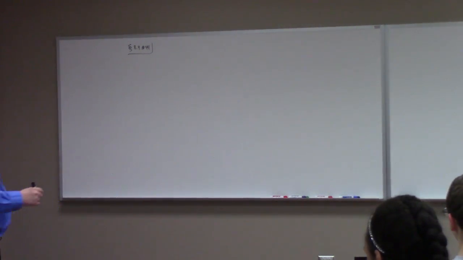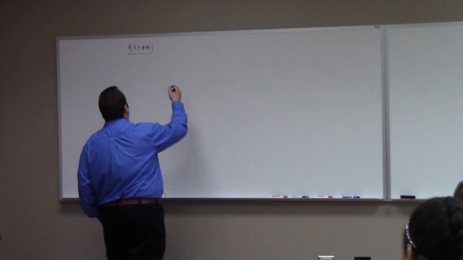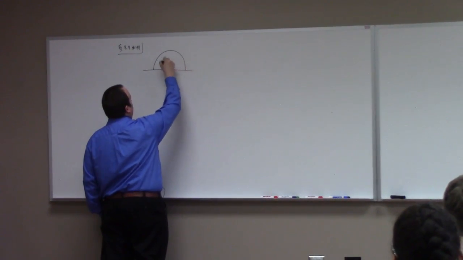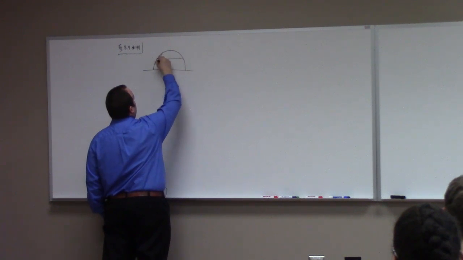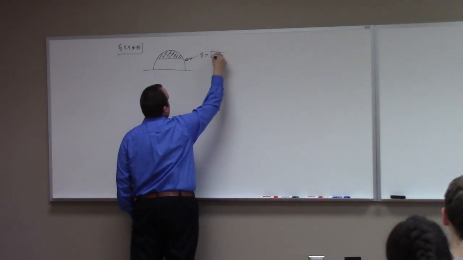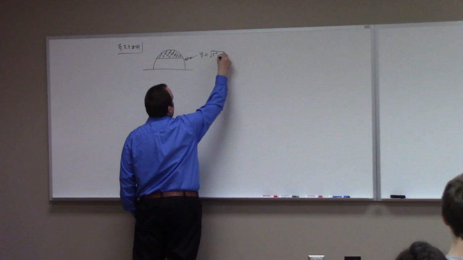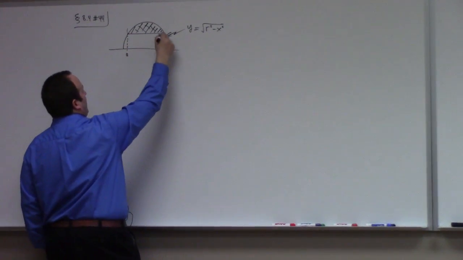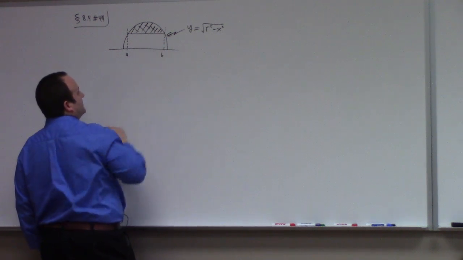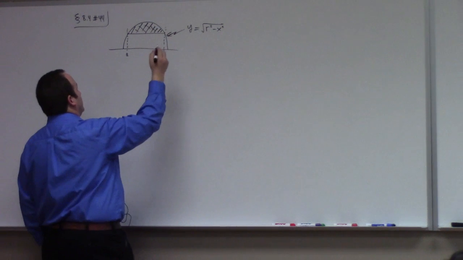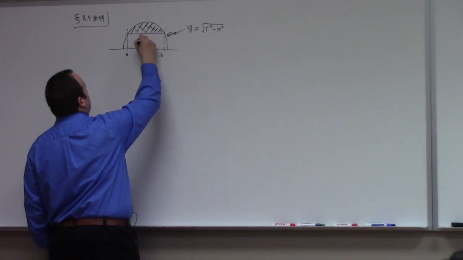I'll just get you started here. To find the area of this, of course, this is y equal to the square root of r squared minus x squared for a given constant r. So what you have to do is figure out what this is, and figure out what that is. Don't you have to factor in h to that equation? Yeah, I'm not done yet. And then this, of course, is h.